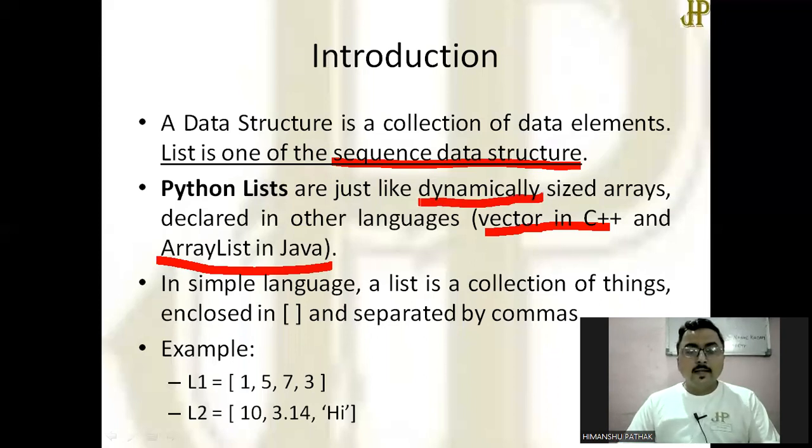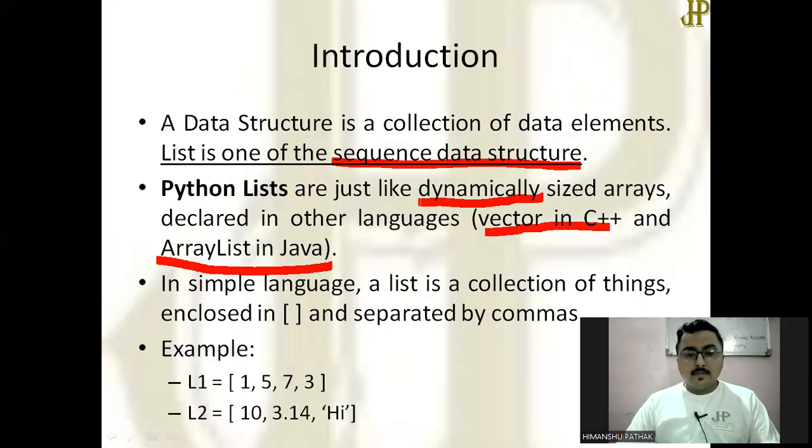We can increase or decrease the size of the list. But in an array, you already know that it is a fixed data structure. You can neither grow nor shrink the size of an array. So I think it is very clear to you what the basic difference between list and array is.